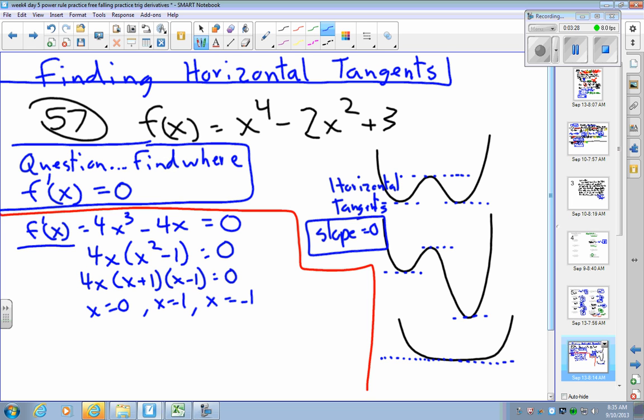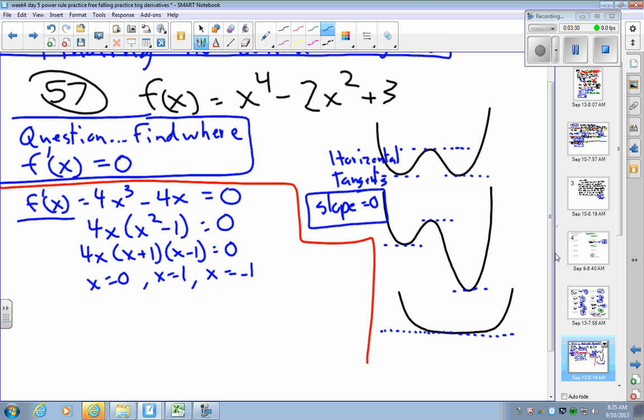Okay? Now, if I wanted the y values there, so I found the x values, but if I wanted the y values, would I plug into the derivative function or the original function if I want the y values? Plug into the y function, which is the black. So if I plug in 0, I get 3. If I plug in 1, I get 2. And if I plug in negative 1, I get, negative 1, that's 1.